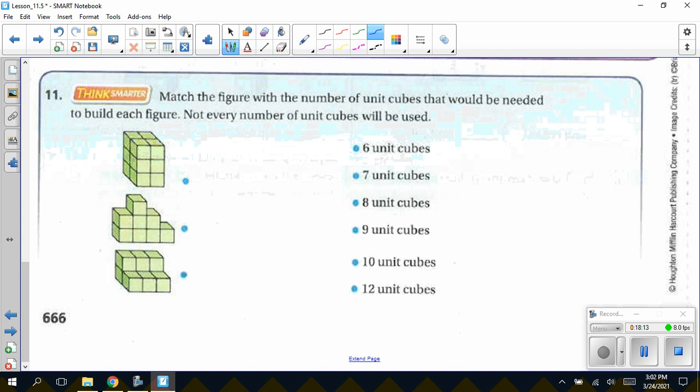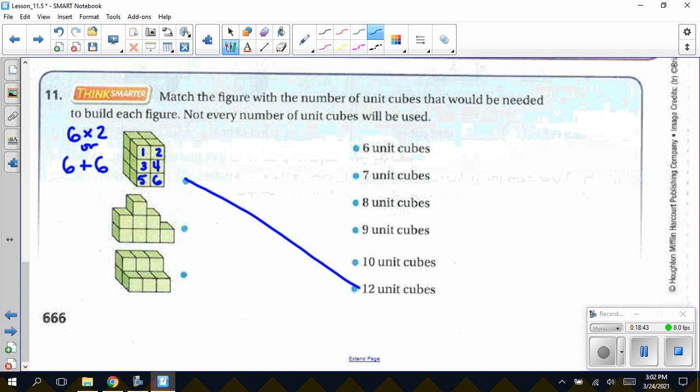So on the top figure, we have 1, 2, 3, 4, 5, 6 on the front. Obviously it is showing that it would be also 6 in the back. So you would have 6 times 2, or 6 plus 6, and that gives you 12 unit cubes. So you could have solved 6 times 2, or 6 plus 6 to answer that one.